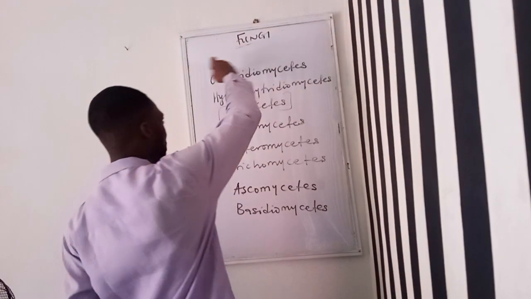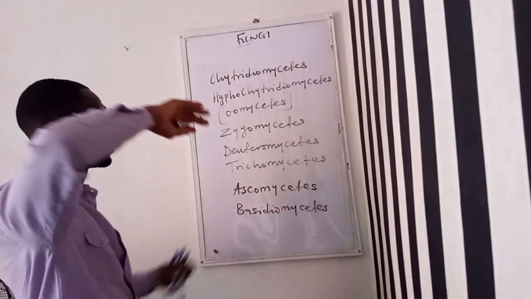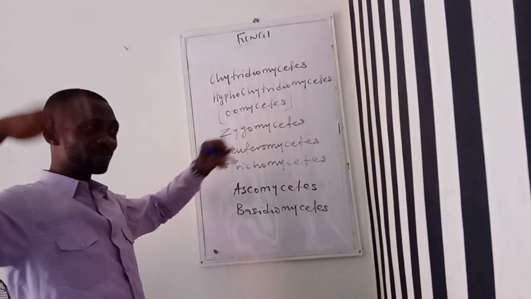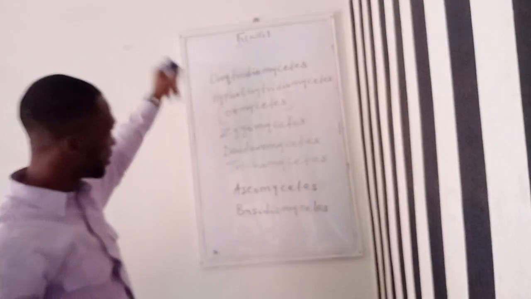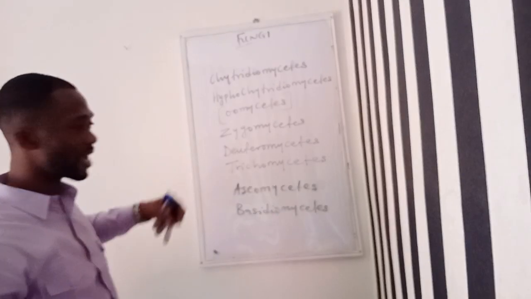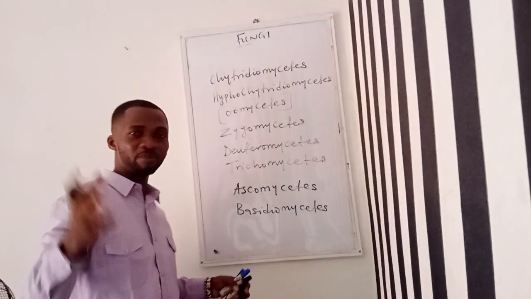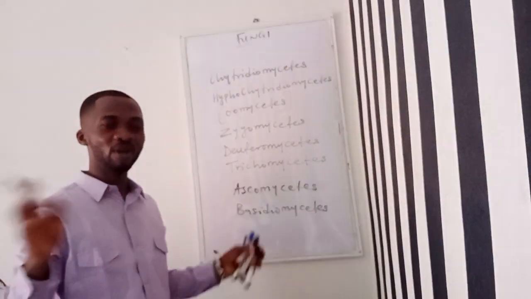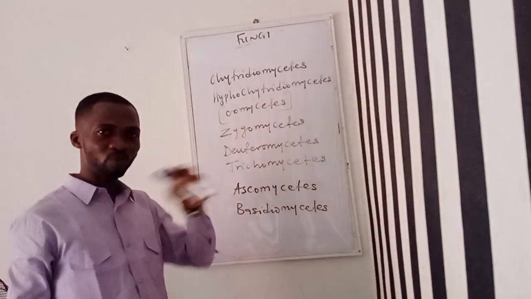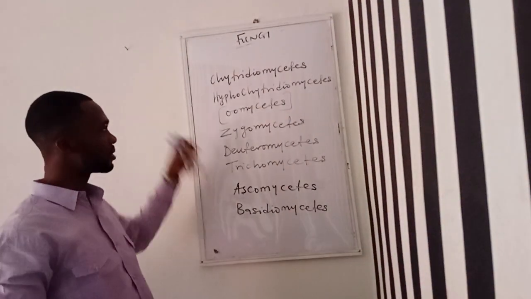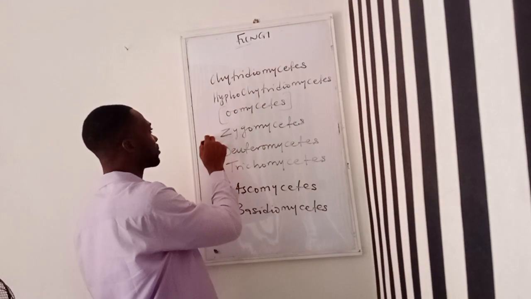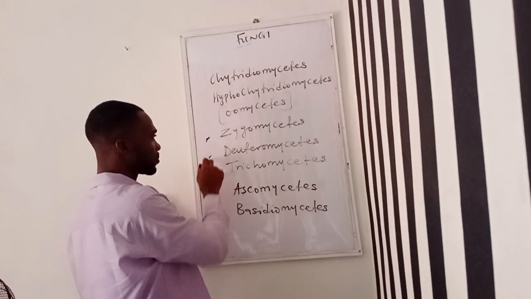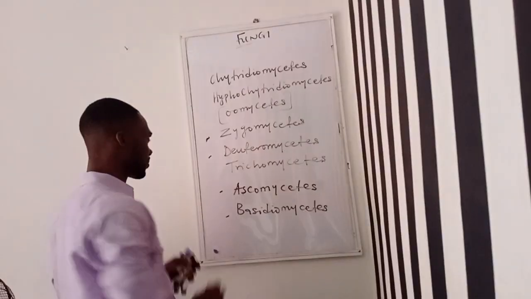So quickly, this is Chytridiomycetes. Most of these groups of fungi are characterized by the presence of either a posterior or anterior thin cell or whiplash flagellum. I wouldn't want to go into that because of our time. I want to concentrate on this one. I want to say something about this one, then this one quickly, then this and this quickly.